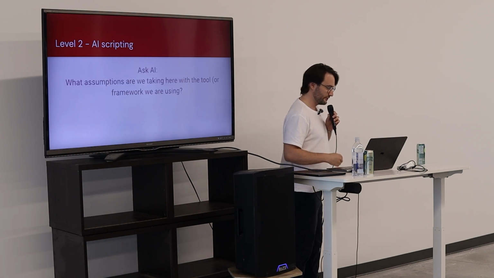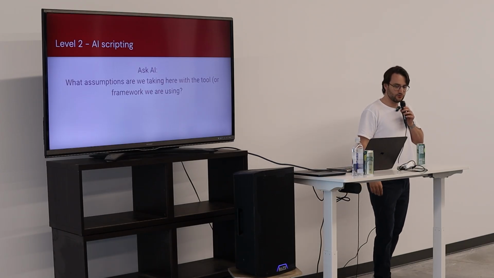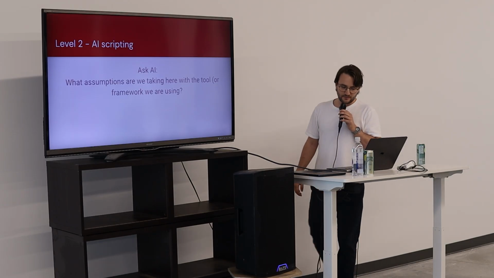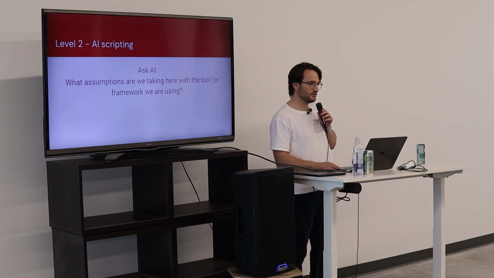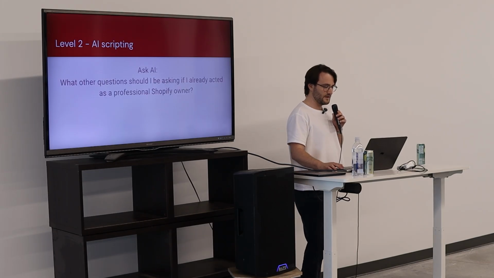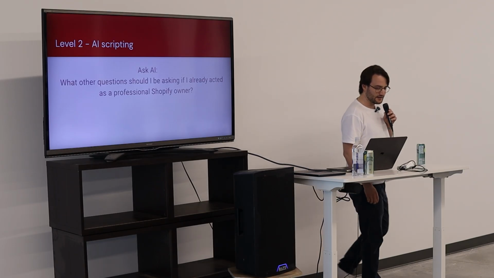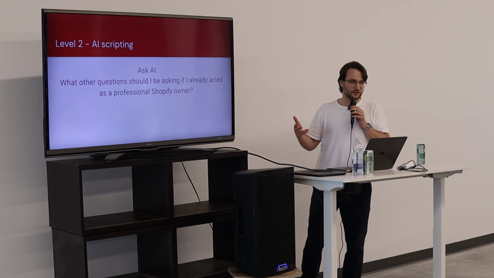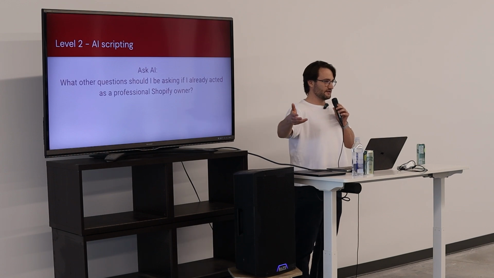Here's 3 other questions you should know about. What assumptions are we taking here with the tool or frameworks we are using? So when you're taking decisions talking to AI, you should always check your assumptions. What other questions should I be asking if I already acted as a professional Shopify owner? We often ask AI questions, but do you ask the AI what questions you should be asking?